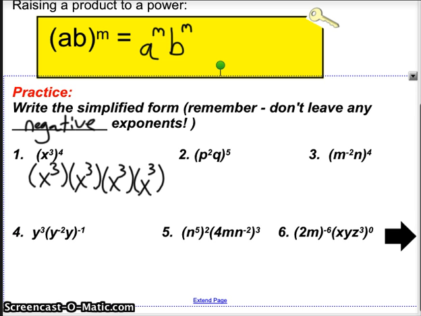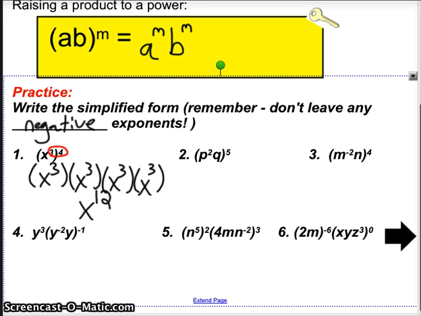So you can see 3 plus 3 plus 3 plus 3 gives us 12. Or using our new rule, since you can see we're taking a power of a power, 3 times 4 will give us x to the 12.